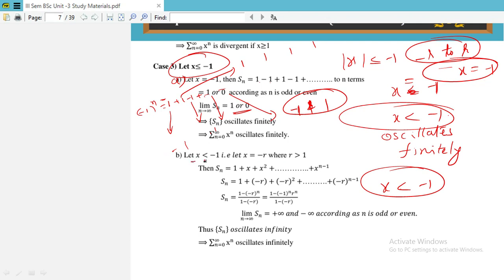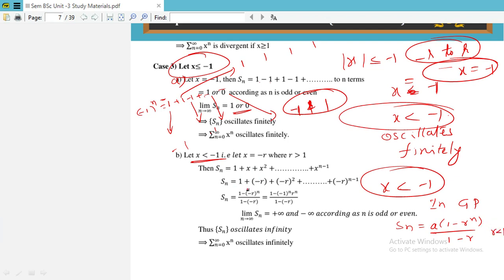If x is less than minus 1, we know that in a geometric progression the sum is a into 1 minus r raised to n divided by 1 minus r.